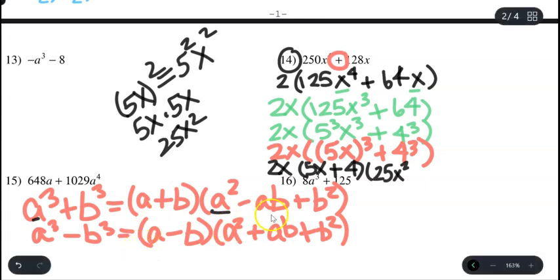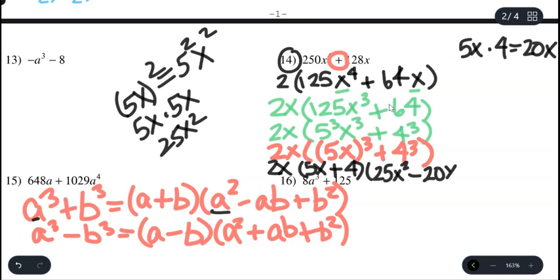The next component is the product of our two bases with the subtraction operation. So I'm going to multiply 5x times 4, because 5x and 4 are my A and B terms. And that's going to give me 20x. So this is going to be minus 20x.